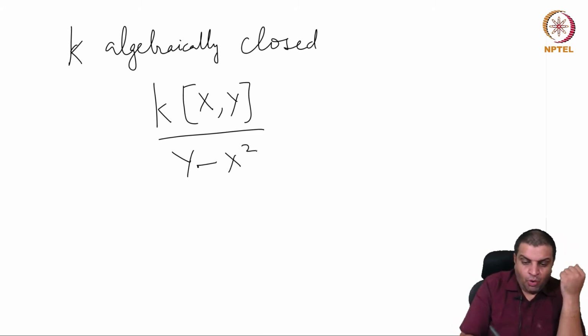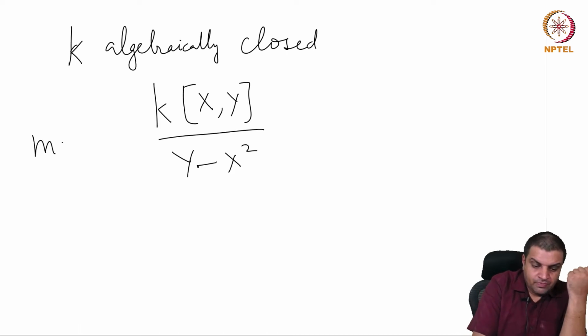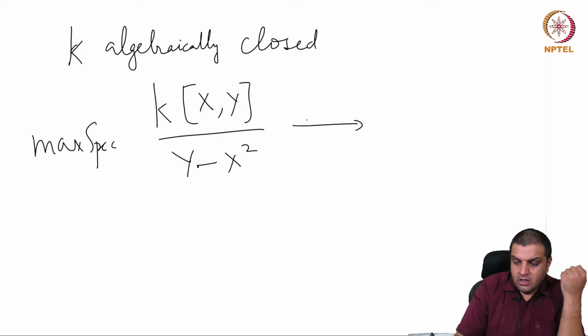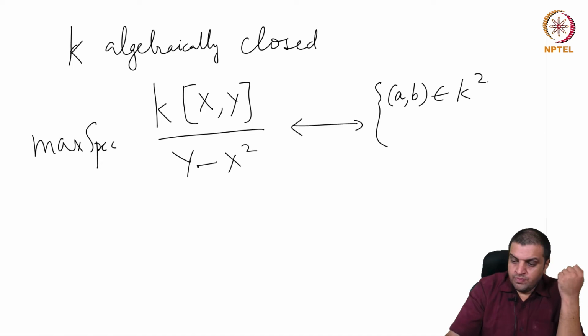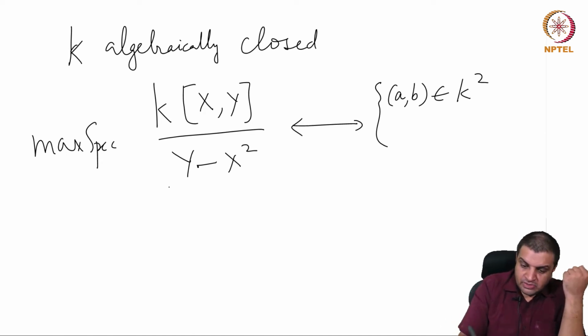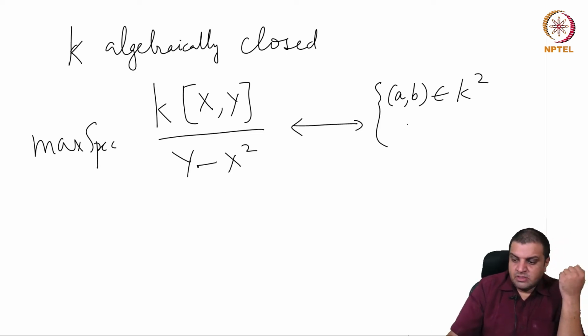What is the max spec of this? Under the Nullstellensatz, it is all the points in K^2 at which this ideal vanishes, which just means such that b equals a squared.